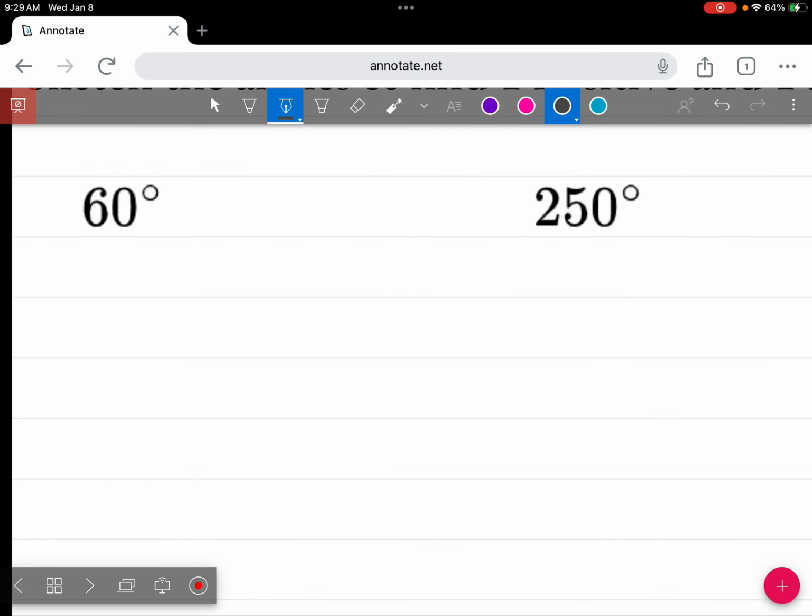So I'm going to give myself a little bitty graph here. And we're going to sketch 60 degrees. So first thing I want to do is figure out where positive 60 degrees is. Our initial side is always going to be our x-axis here.